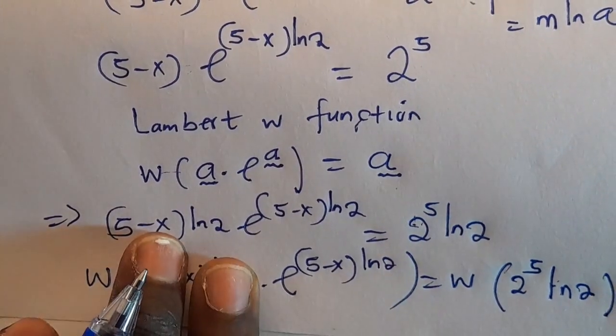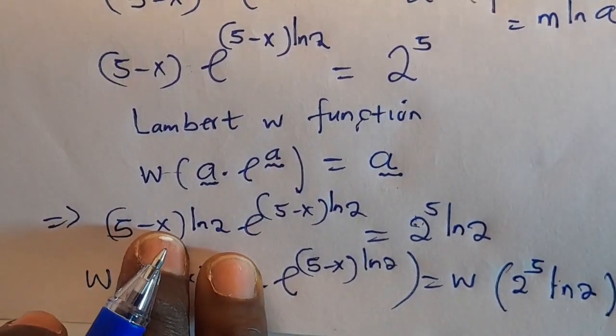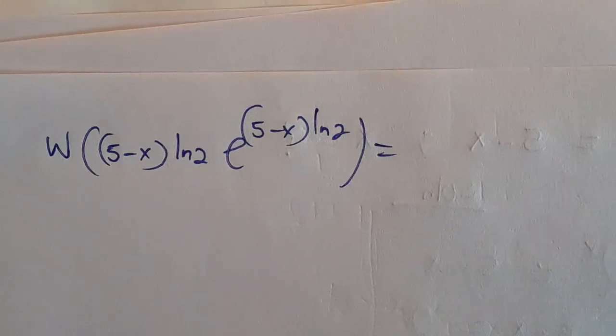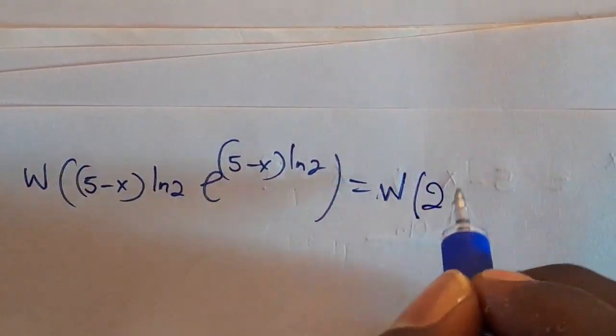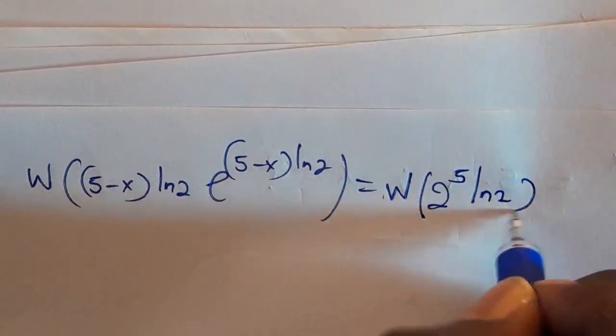So finally, we have the Lambert W function of 2 to the power of 5 ln2.